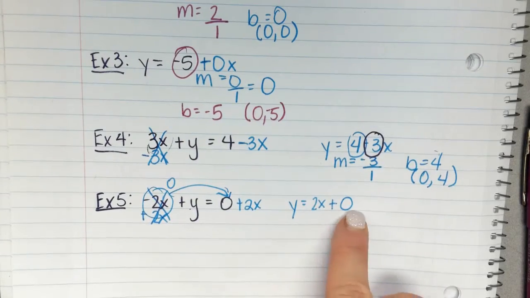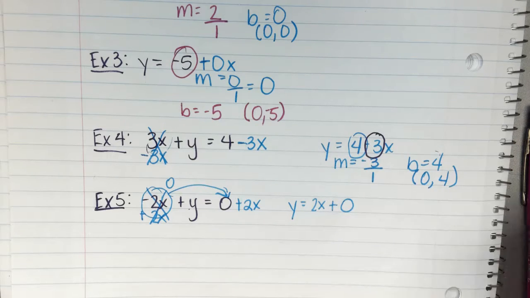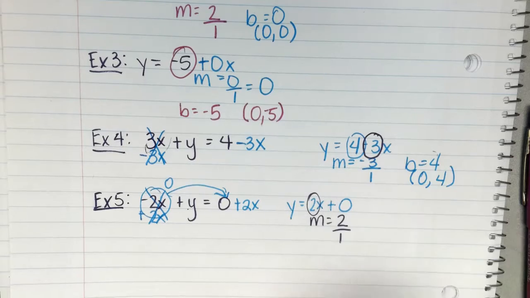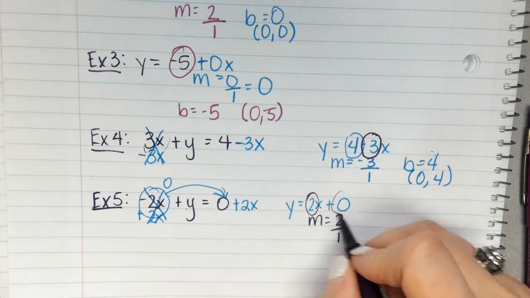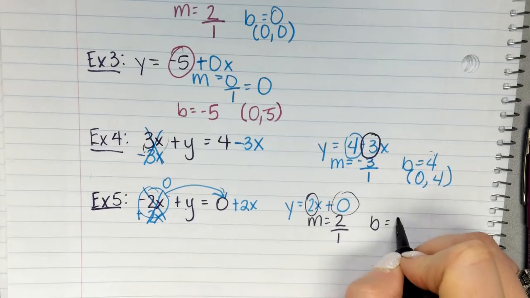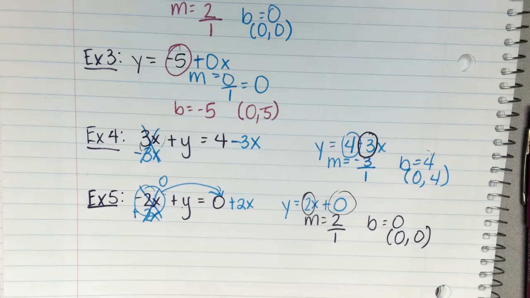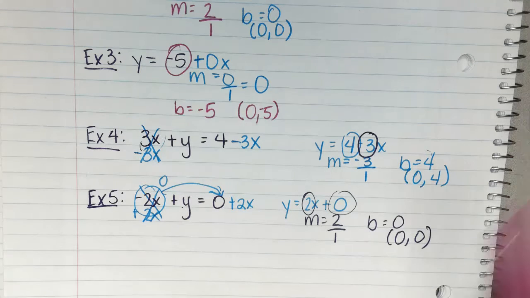But we'll go ahead and leave the 0 just so you can see what we're doing here. This is your m. Put it over 1. This is your b, right? 0. And that means it crosses at 0, 0. So just remember, if it's not already in y equals form, then you need to put it into y equals form.